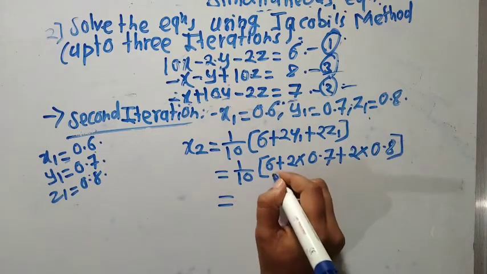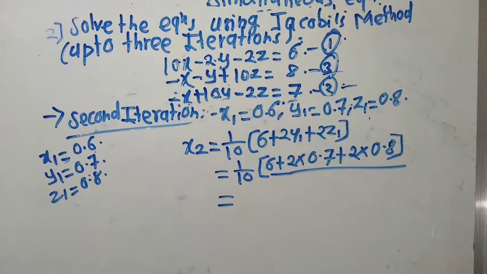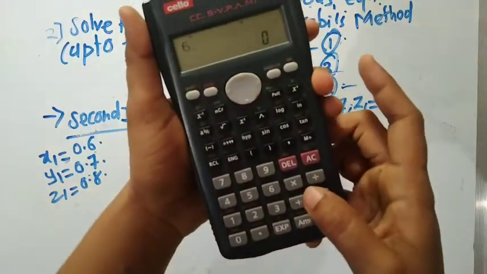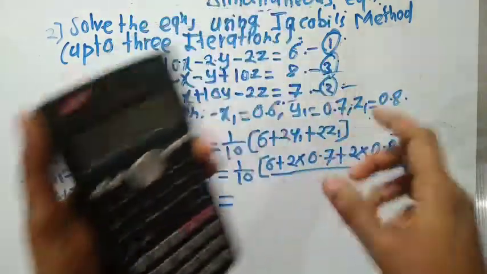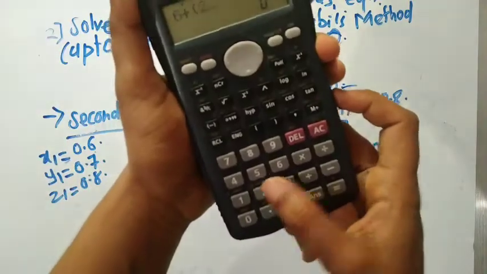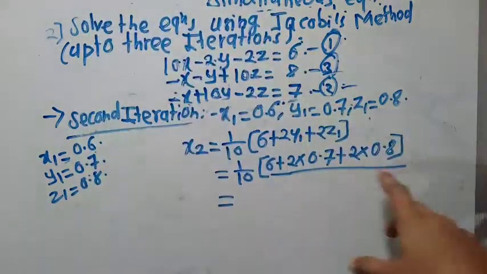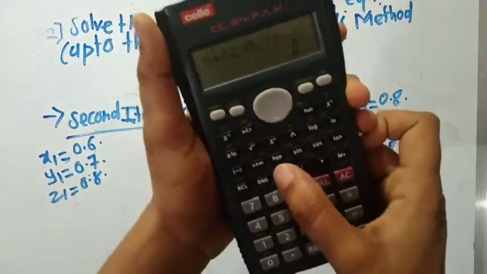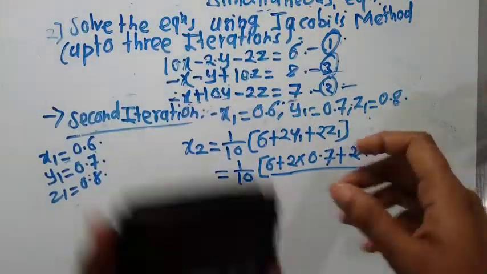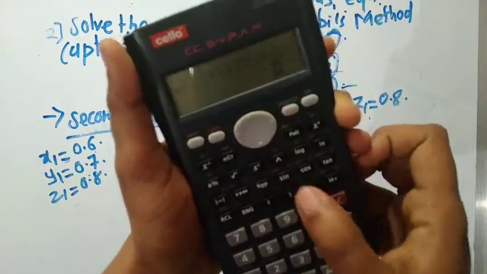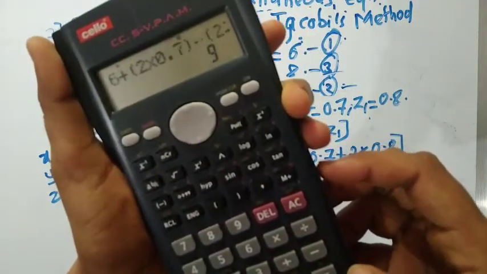Find this value first: 6 plus 2 into 0.7 plus 2 into 0.8, which is equal to 9.